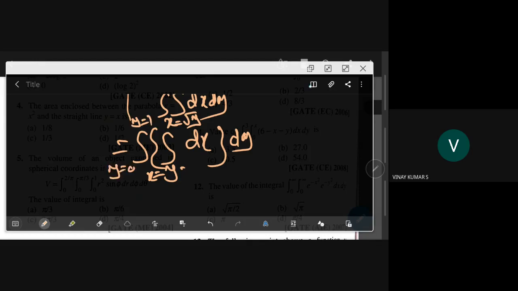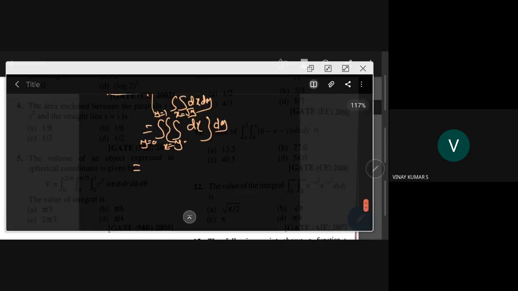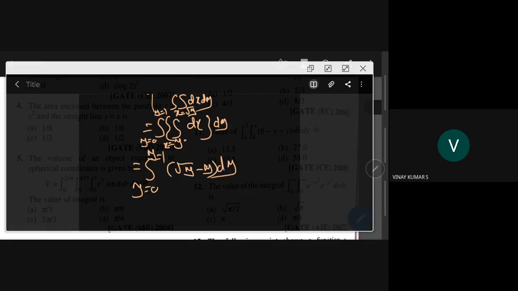So what we are getting is the integral from y equal to 0 to y equal to 1 of root y minus y dy.